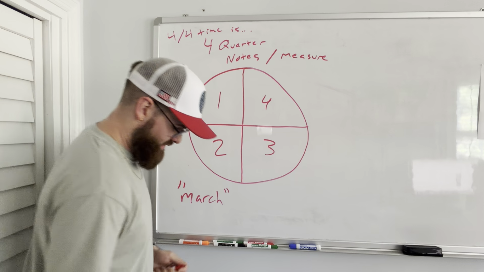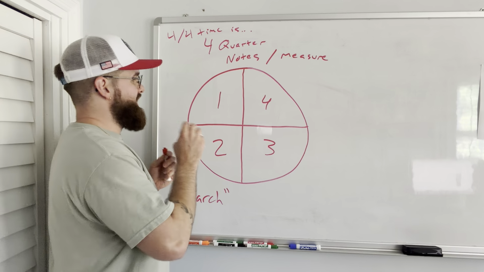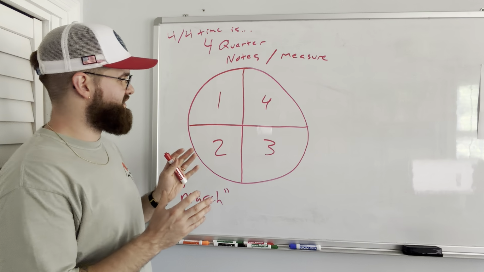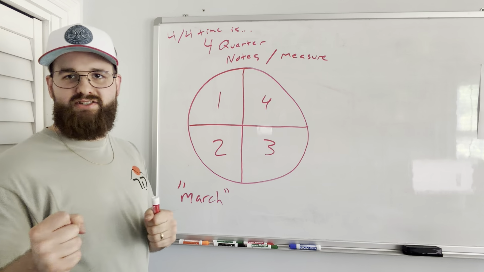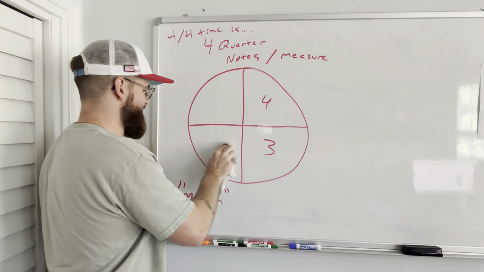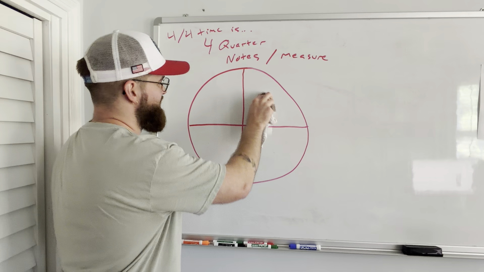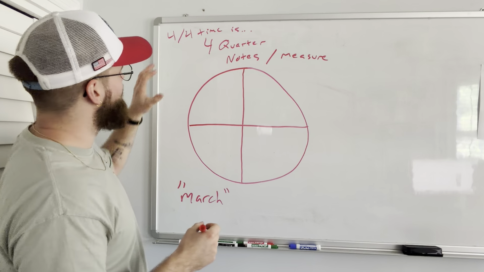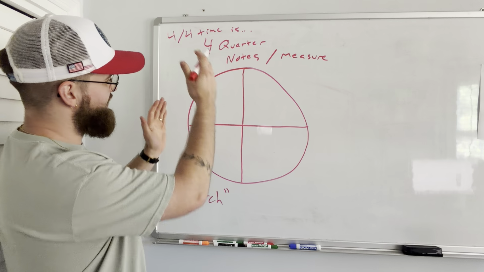Okay, now it's going to be important for us to understand how to play in 4/4 time if we can take this to another level. We need to be able to break down 4/4 time to another sub level. So you break down a whole in 2, you get a half.